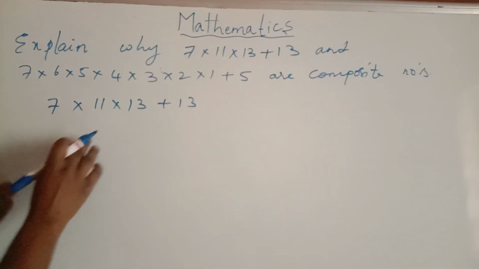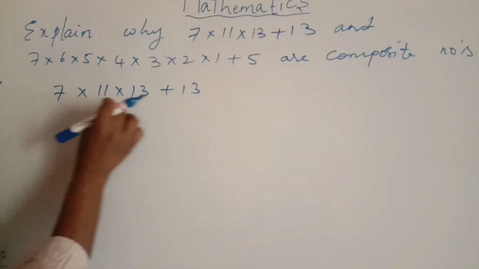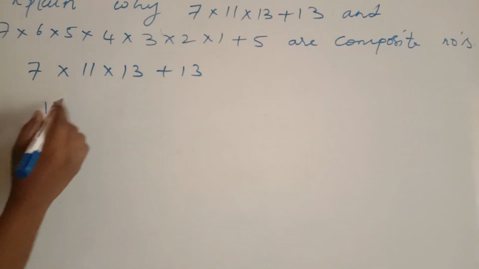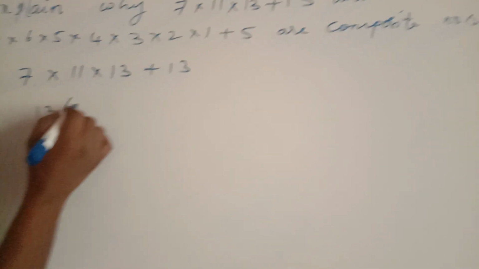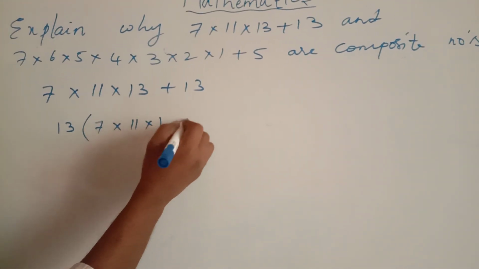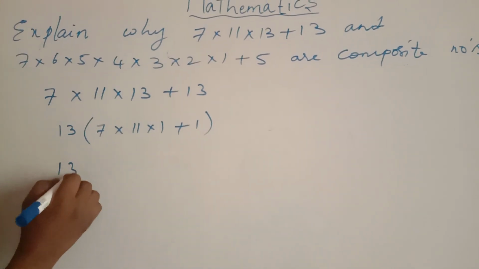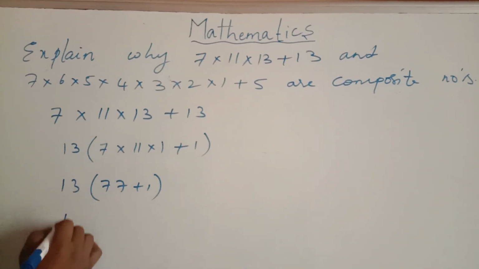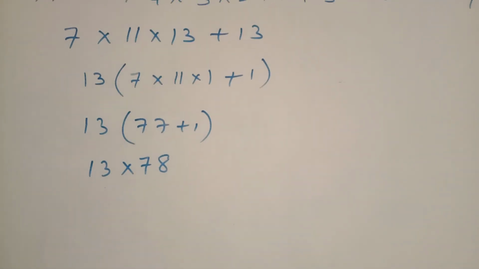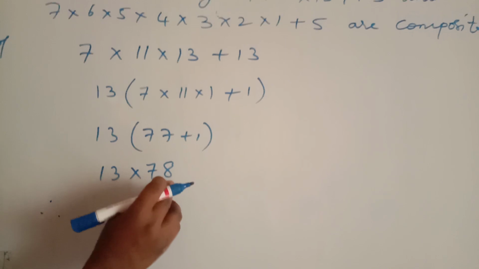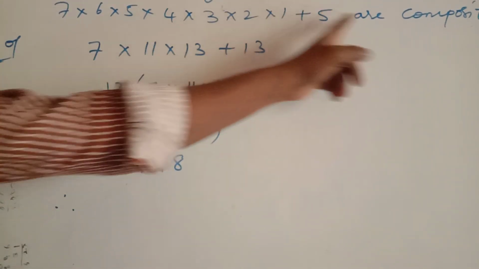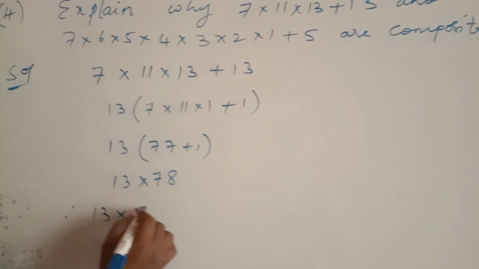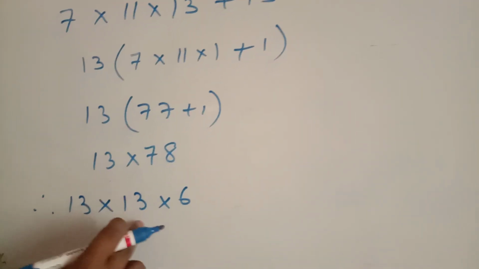If you observe clearly, 13 is a common value, so I am taking 13 common because you have the plus sign. Taking 13 common, 13 into (7 into 11 plus 1), that is 13 into (77 plus 1), so 13 into 78. 13 into 78 is a composite number because it can be represented as 13 into 13 into 6, where you are getting a common factor.